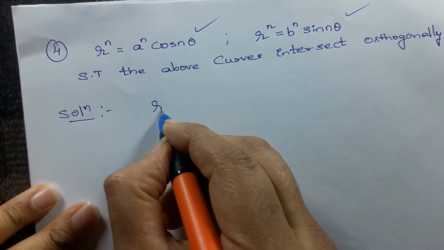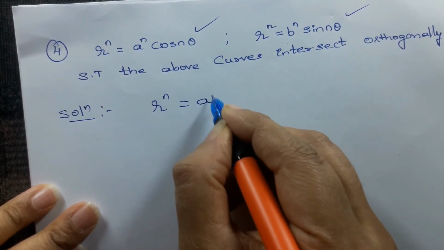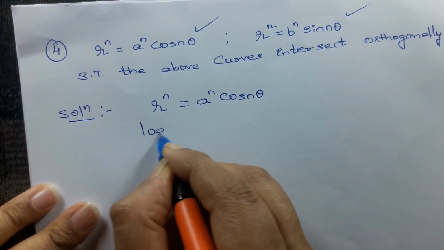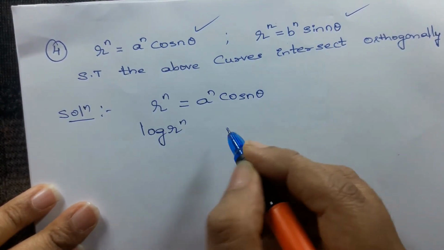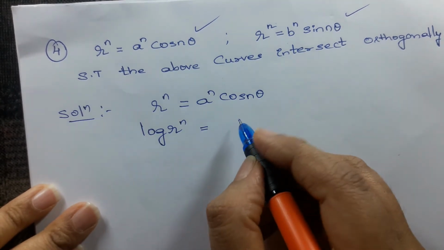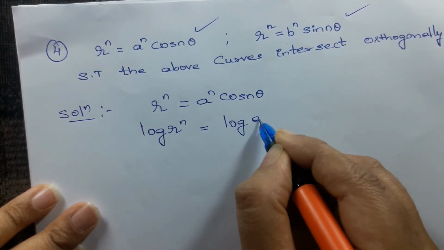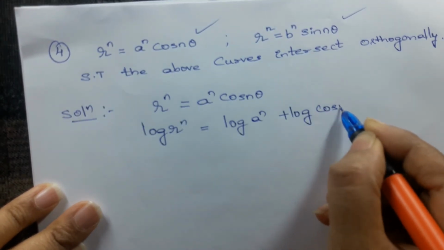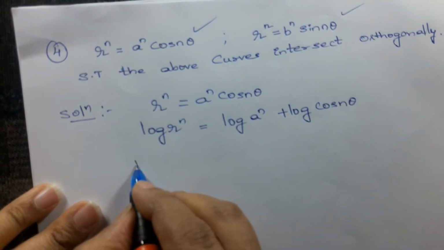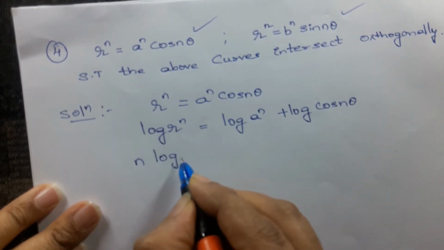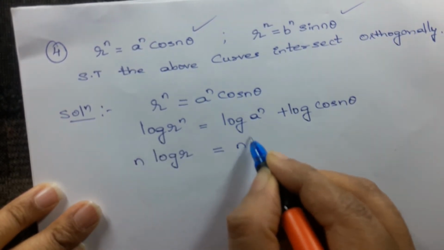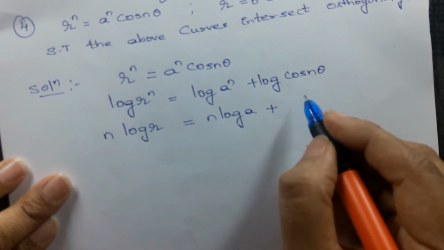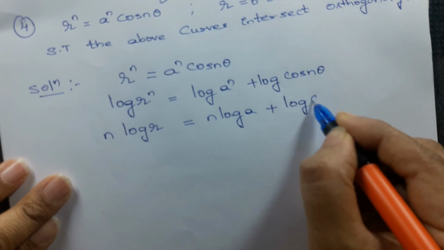We have the curve r power n is equal to a power n cos n theta. Again the same procedure. I will apply log on both the sides. Log of a power n plus log of cos n theta. This can be written as n log r, as you know already, equal to n log a, using the logarithmic property, plus log of cos n theta.